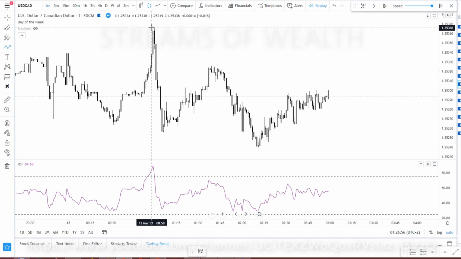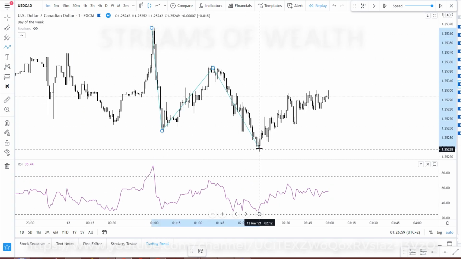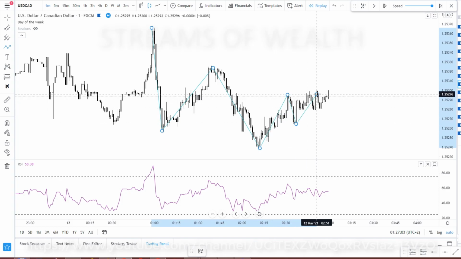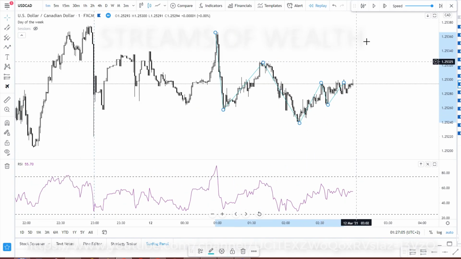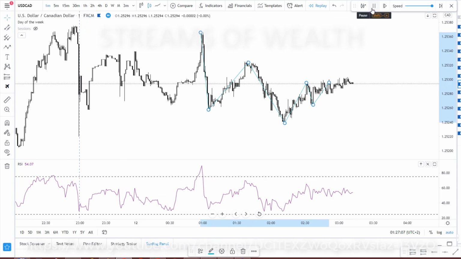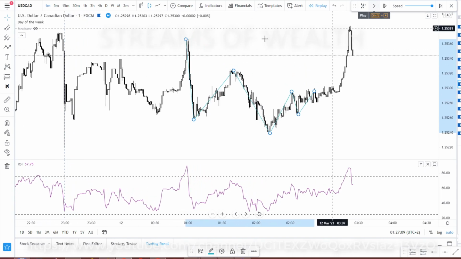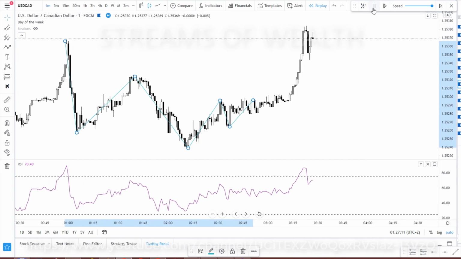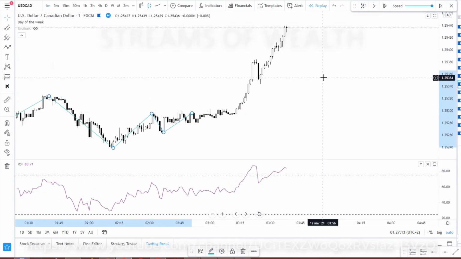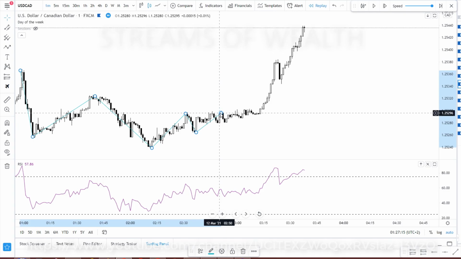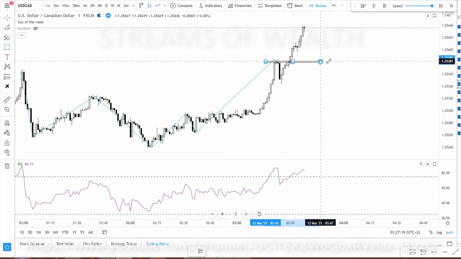We have this, you may say this, and let's wait if price reverses to the upside, and we see it. So now what we are waiting for is for break and retest on this area.